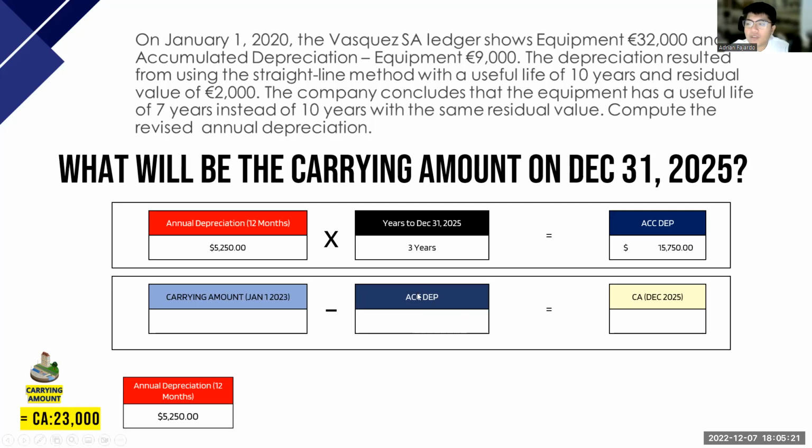So our accumulated depreciation is 15,750 because that's times 3. So our carrying amount of 23,000 minus the accumulated depreciation of 15,750. Yun yung carrying amount natin at December 2025. So 7,250.